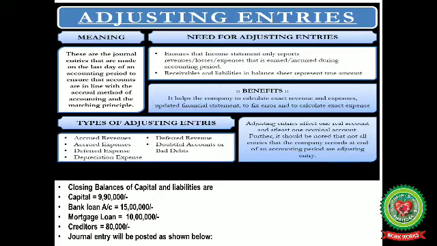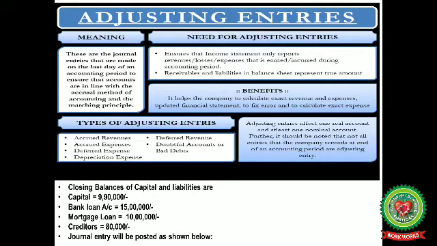So we can say here adjusting entries affect one real account and at least one nominal account. Further, it should be noted that all entries that the company records at the end of an accounting period are known as adjusting entries.